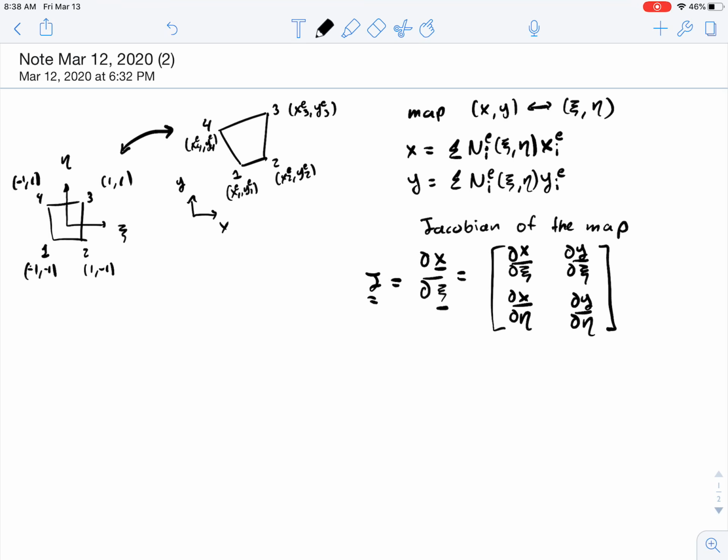And since we have the map up here, these partial derivatives just depend on taking the partial derivatives of the shape functions.